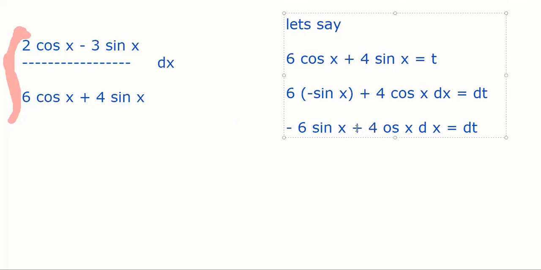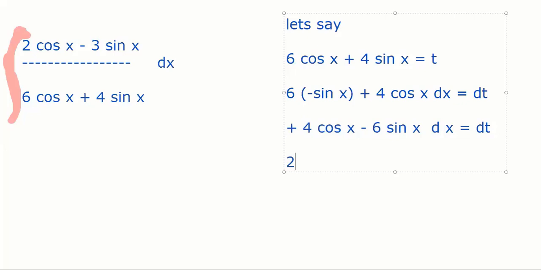We can write it like this also. Can we take 2 common from here? If we take 2 common, it becomes 2 of cos x minus 3 of sin x dx, dt, right?